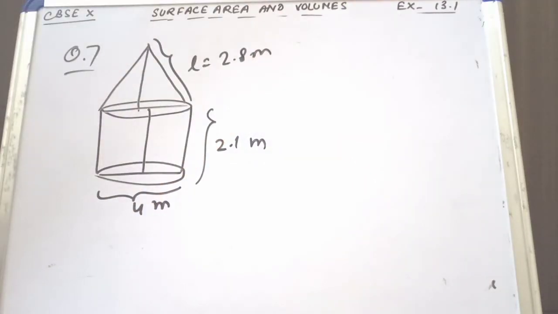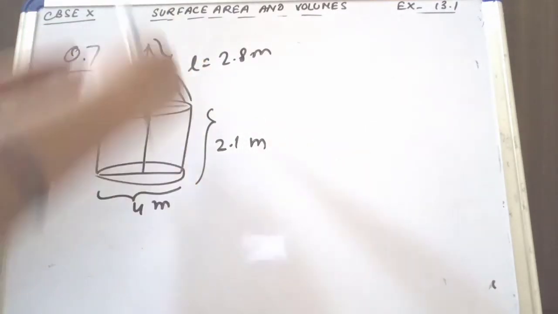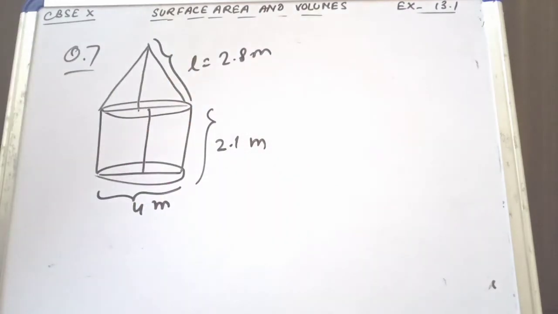Now you have to find the area of canvas used for making this tent. So for making this tent, which place should be covered with canvas? This place and this place.